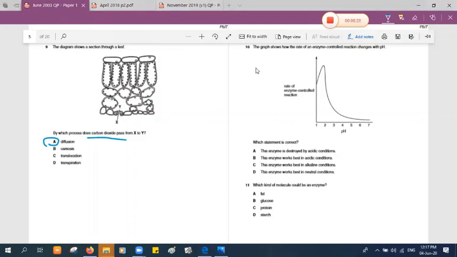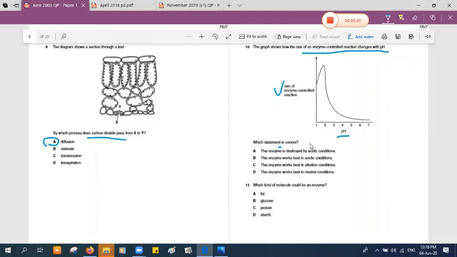10. The graph here shows how the rate of an enzyme controlled reaction changes with pH. Here we have the pH, and here we have the rate of the enzyme reaction. Which statement is correct? The enzyme is destroyed.